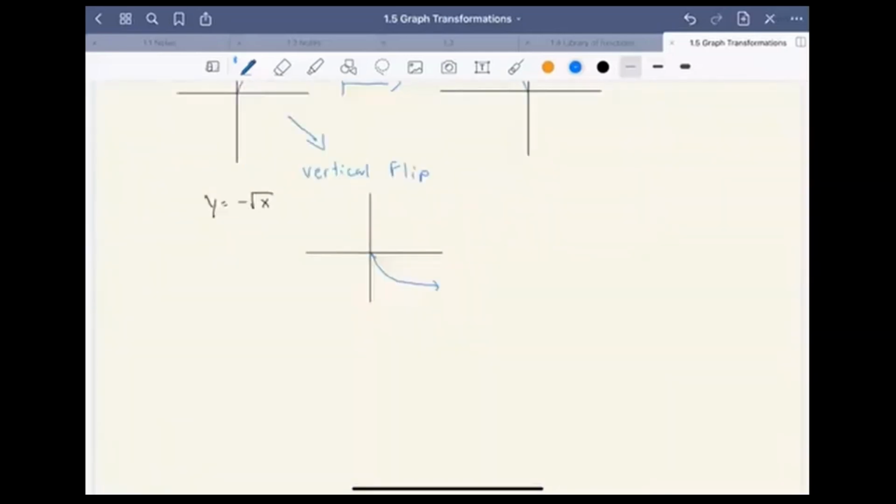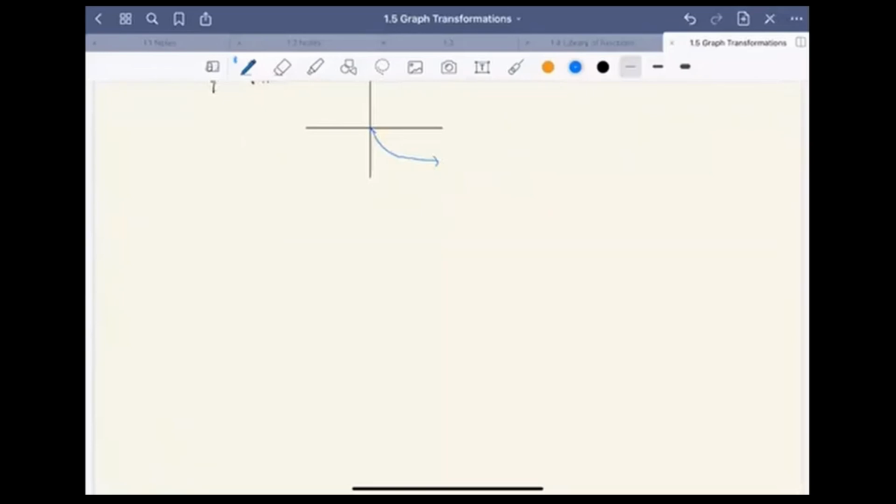Okay. So when you do these problems, you're going to be given an equation, and then you're going to have to graph it using the base function and a series of transformations. One of the things to keep in mind is that the order in which you do the transformations might matter.